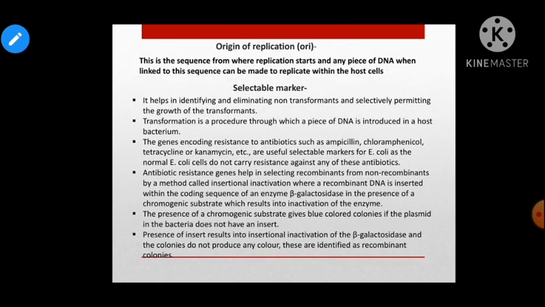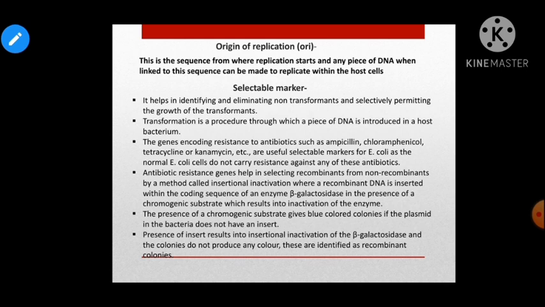Talking about the origin of replication, this is a sequence from where replication starts.